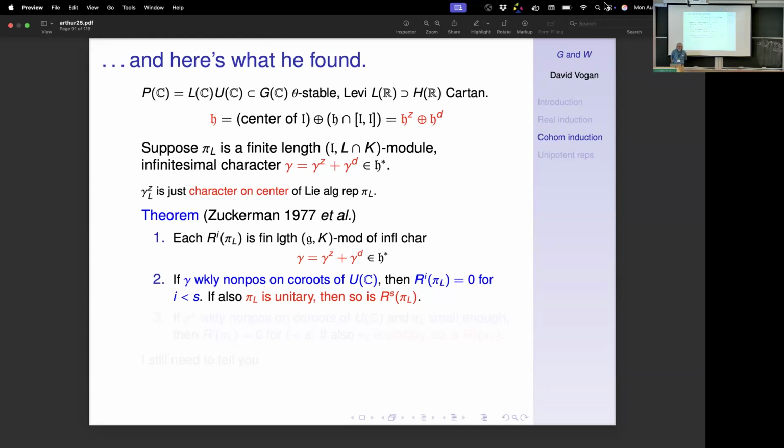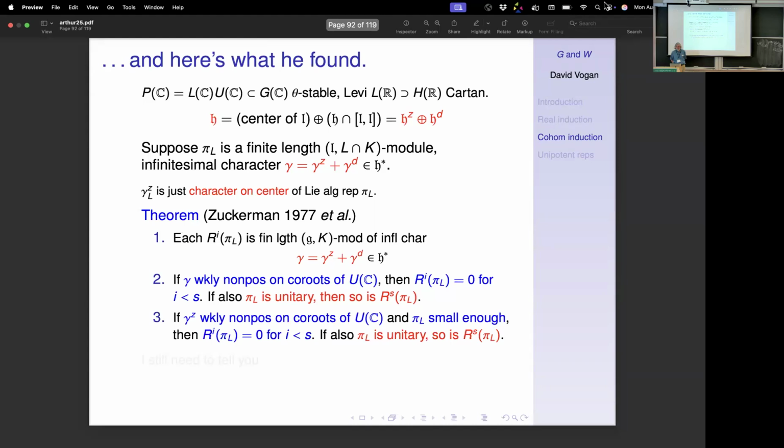These derived functor modules are zero for i smaller than S. And if in addition to this non-positivity, the representation you start with is unitary, then you conclude that this R^S of pi_L is also a unitary representation. So that's nice.